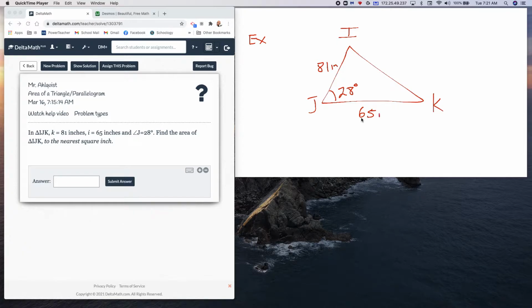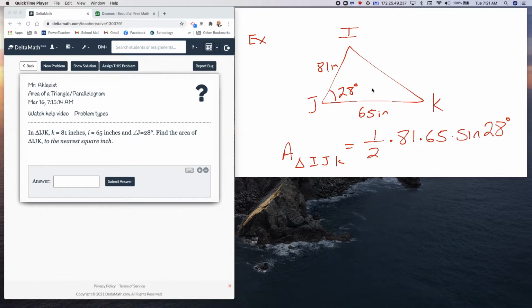So inches, inches, and degrees. Find the area. So the area of this triangle, IJK, is actually equal to 1/2 times 81 times 65 times the sine of 28. And that's how you find it.